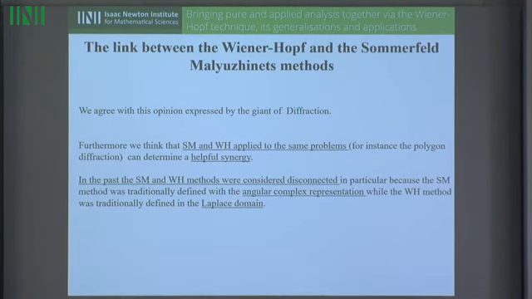Some properties of one method can help the other, and vice versa. In the past, the two methods were considered disconnected, because the Sommerfeld-Malyuzhinets technique was defined in an angular complex representation, while the Wiener-Hopf technique was defined in the Laplace domain, as a unilateral Fourier transform, or using the Fourier transform.